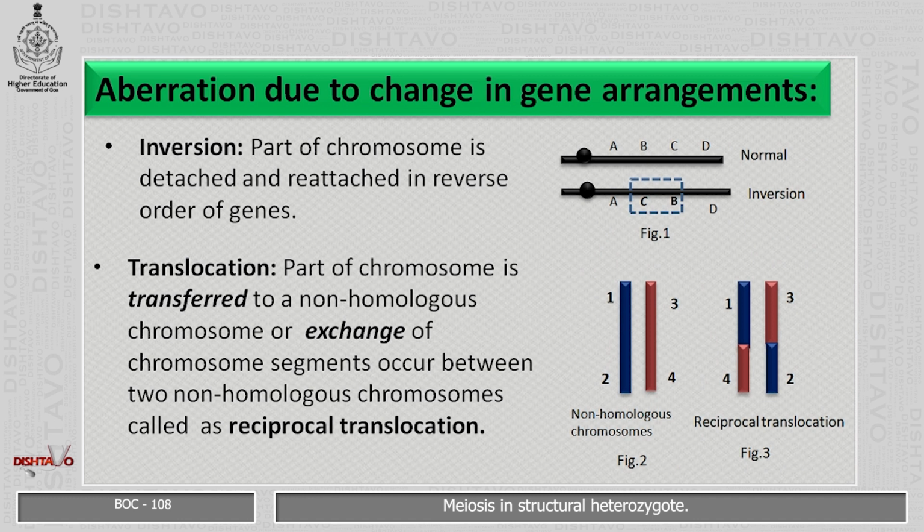Aberration due to change in gene arrangement occurs in 2 ways, that is, inversion and translocation. Inversion: part of a chromosome is detached and reattached in reverse order of genes.